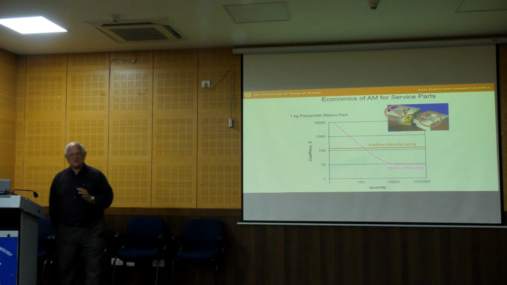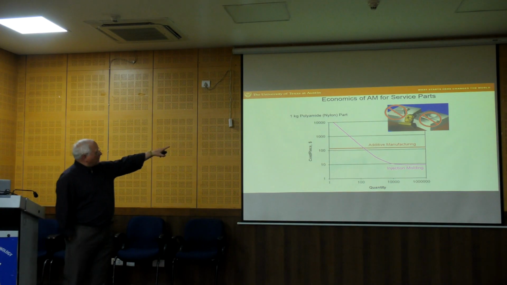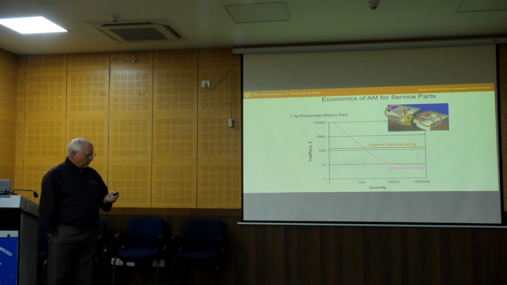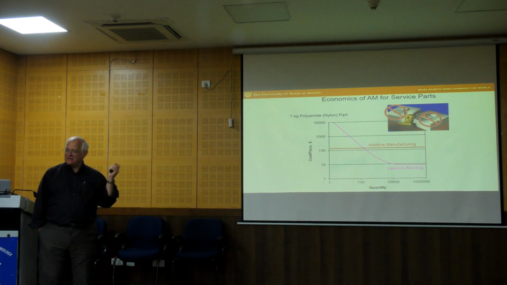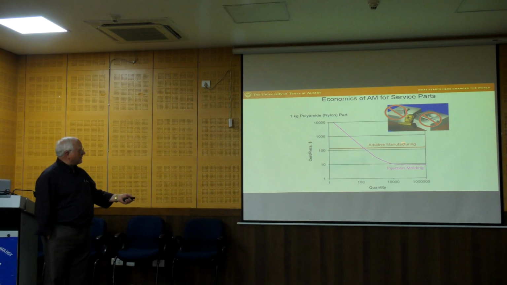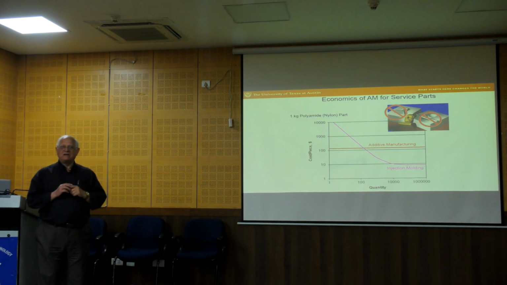Okay, the second issue is this. Imagine that I want to make my part geometrically more complicated. What impact does that have on these plots? First, for additive manufacturing, as long as it's a 1 kilogram part, it doesn't move the curve at all, right?